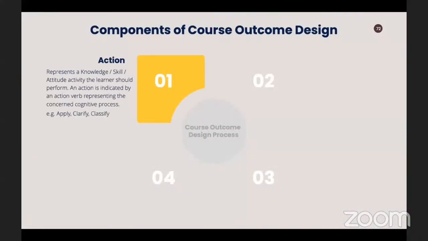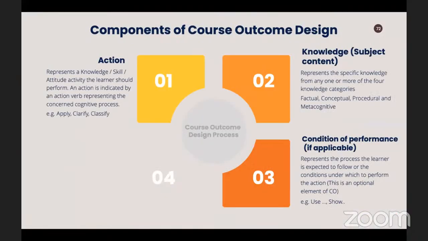What is the next one? The next one is the condition of the performance. It means that it should represent the process the learner is expected to follow, or the conditions under which to perform the action. Whenever your knowledge dimension is procedural, your course outcome statement must have the condition and the process to be followed by the student.